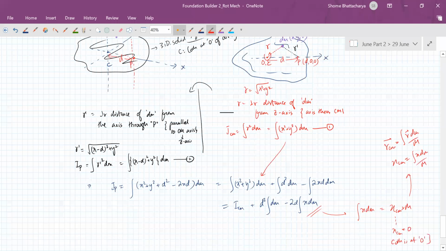We have selected our origin in that way. So that's why this term will come out to be 0. Whereas in this term, d is outside, so you integrate it totally, so it's d square into total mass. So this is a simple proof that the moment of inertia through this other axis, which is parallel to the center of mass axis, is given by the formula.